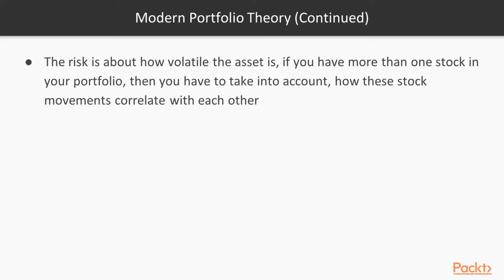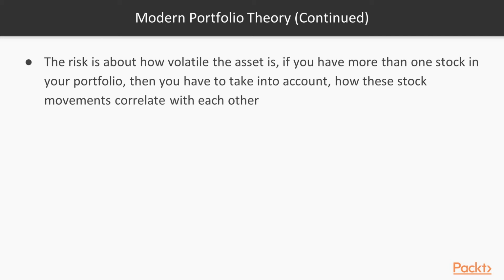If we have more than one stock in our portfolio, then we have to take into account how these stock movements correlate with each other. Because we are viewing the risk of the portfolio as a whole, if one stock has a certain risk which is hedged by a risk in some other stock, then that is more balanced.